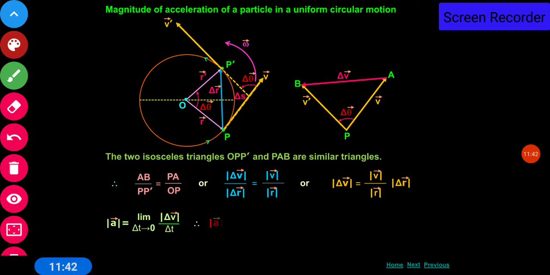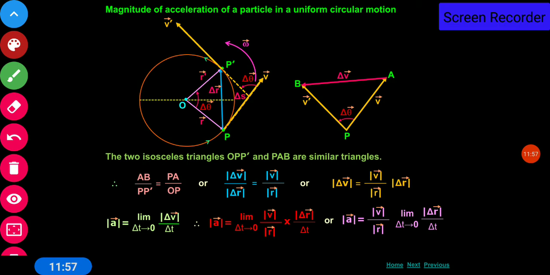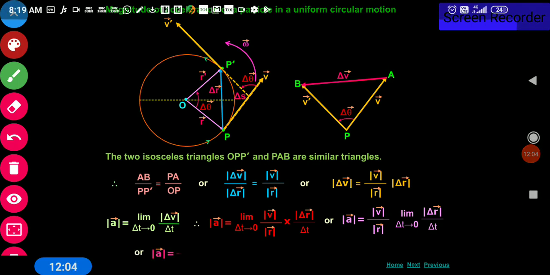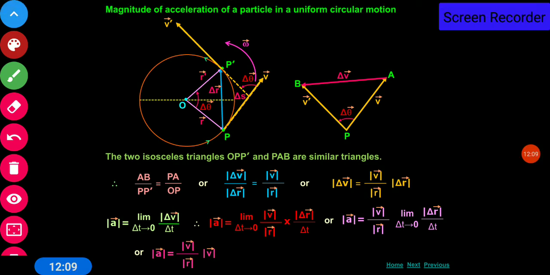So acceleration is limit del t tends to 0 of magnitude of v upon magnitude of R into del R upon del t. Since v and R are both constants, take them out, and limit del t tends to 0 of del R upon del t is v. So acceleration is equal to v upon R into v, or v square upon R. So acceleration a is equal to v square upon R.